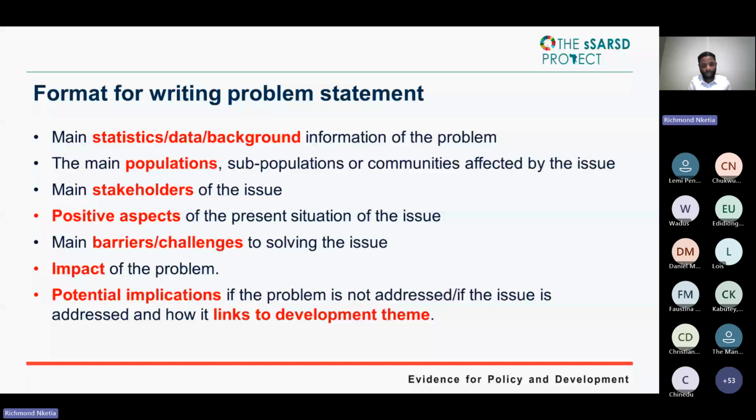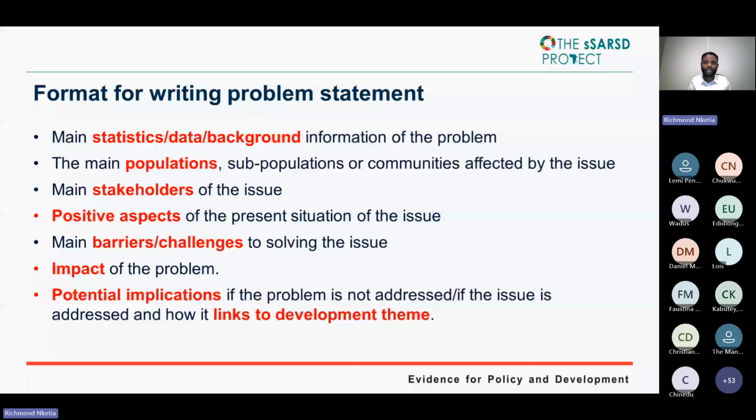But whichever way you want to arrange them, it must contain these essential elements. So you must have statistics there or background to the problem you want to speak about. If it is teenage pregnancy, a background to that. If it is diabetes, you want to speak about that. If it is stroke, a background to that.